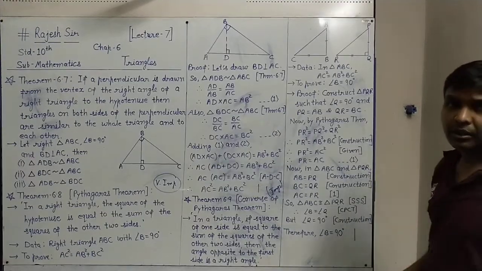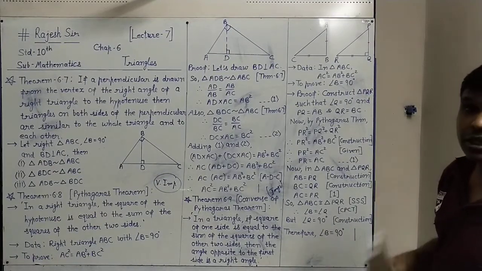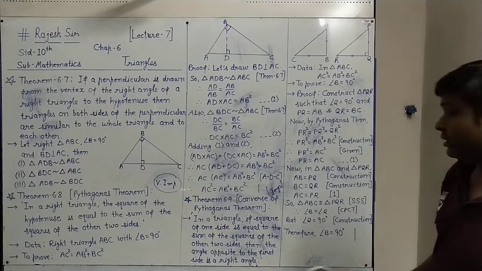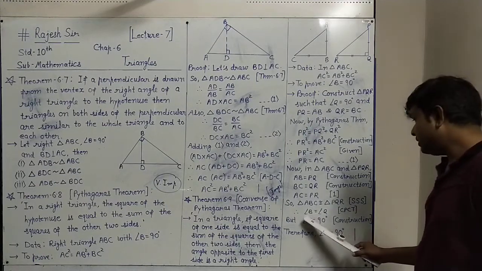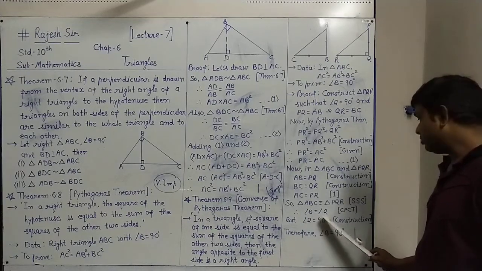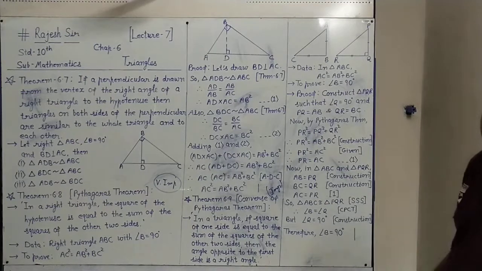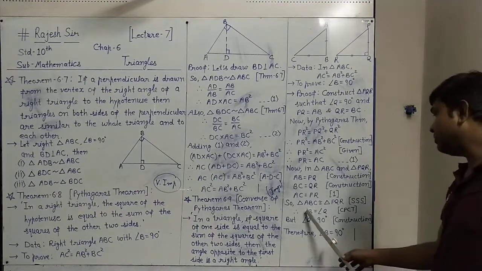And in 9th standard, if two triangles are congruent, their corresponding parts are equal. So angle B equals angle Q, by CPCT, corresponding parts of congruent triangles.